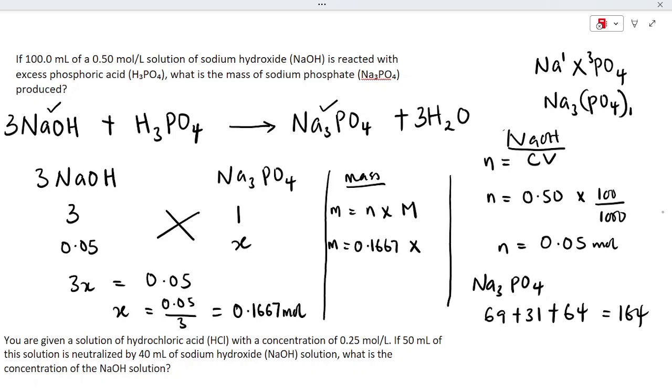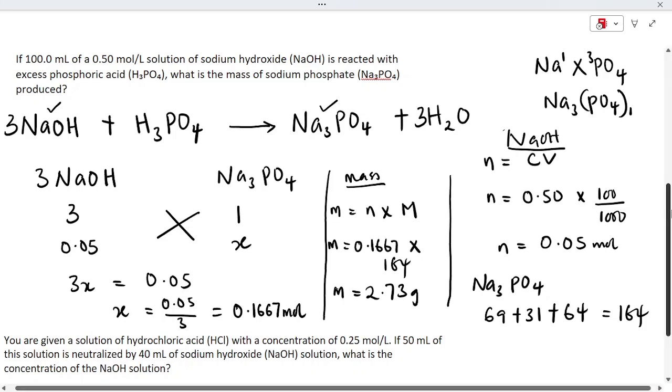So it is now 0.167 times 164. So when we multiply this, it gives us 2.73 grams. And that is the mass of sodium phosphate that will be produced. That is exactly how you make such calculations.